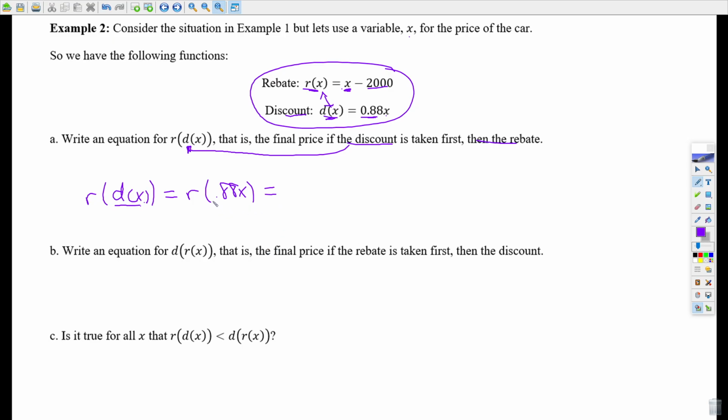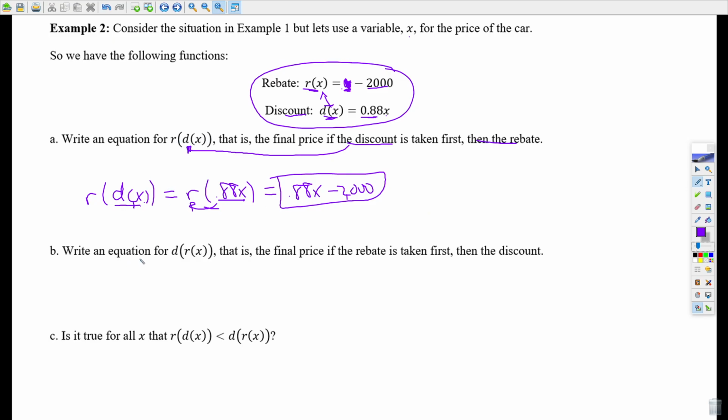And then we're going to put 0.88x into the R function up here. And it's going to replace the x that's on this side. So we take that out and replace it with 0.88x. So now that becomes just 0.88x minus 2,000. So this would be an equation for any price of car where you take the discount of 88% first and then subtract 2,000. We just made an equation of this using composition of functions.